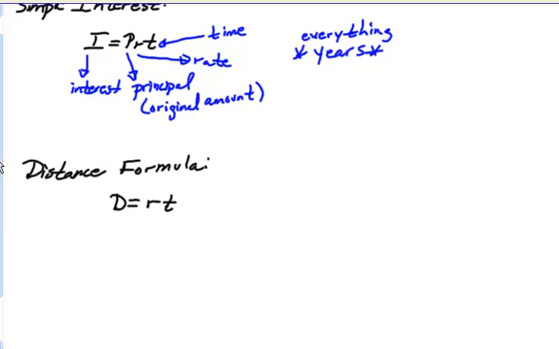And the idea is, this is for uniform motion problems. In other words, the speed's not changing. Speed and direction are the same.